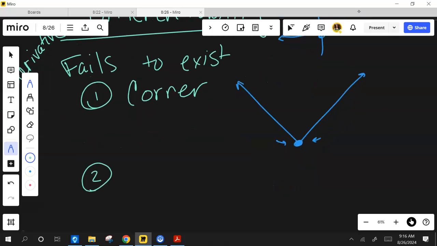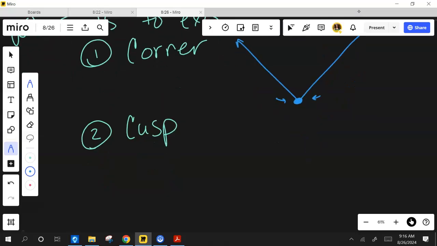Situation number 2 is what we call a cusp. A cusp happens when you come in. These are more like rational functions, something like this.